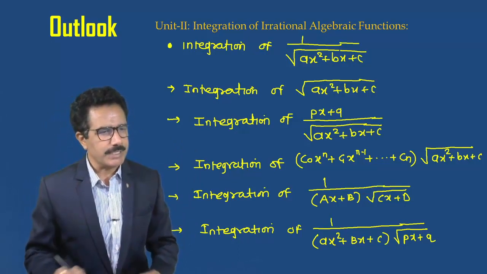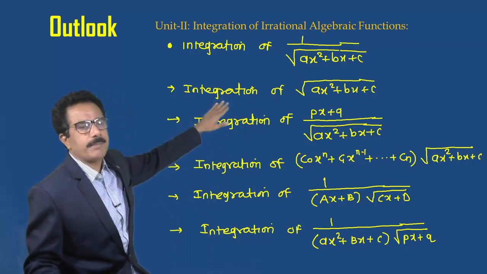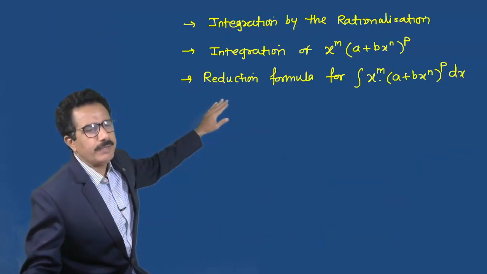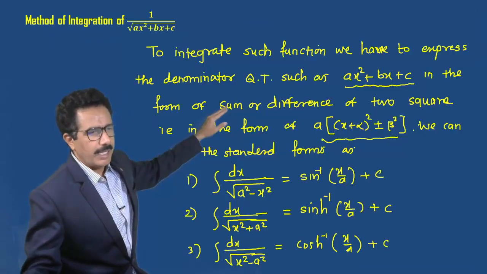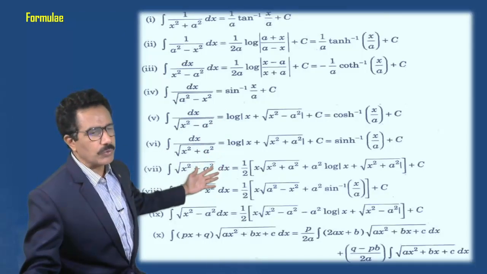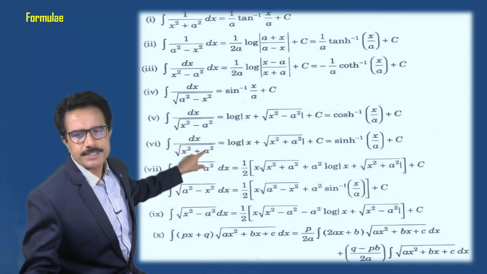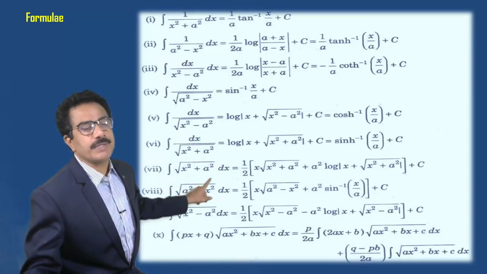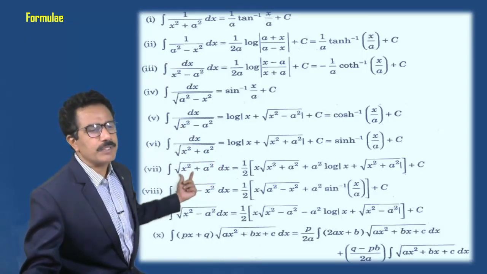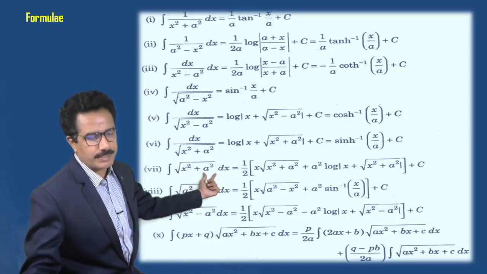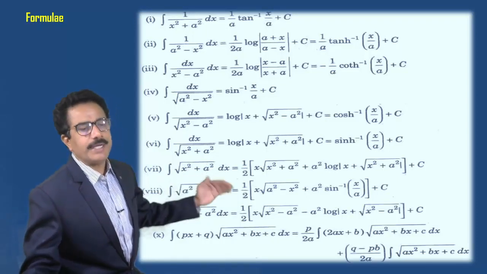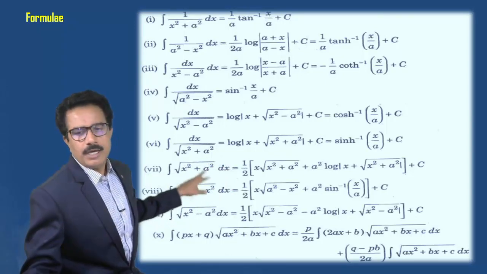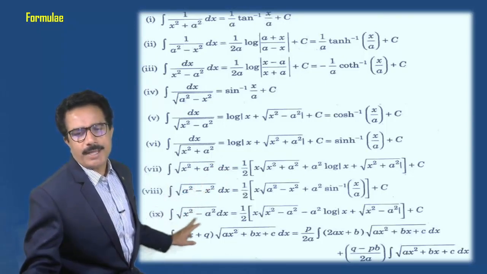So see, students, first of all we shall discuss the method of this integration. Actually these are the formulae which we have to use. That means root of x square plus a square, these are the standard formulae. We need variable term square plus constant term square, then we can find the integration. Also root of x square minus a square.